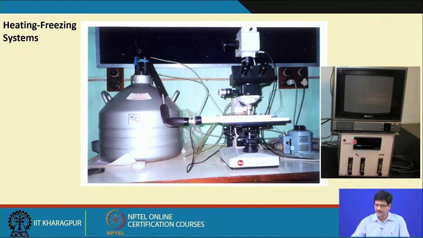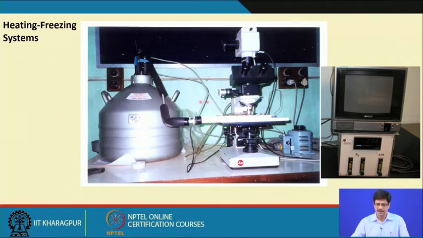We note the temperature of any phase change as we see through the microscope, or, if the microscope is fitted with a digital camera, we can record the phase changes on a computer screen or video display unit and read out the temperature from the value here.